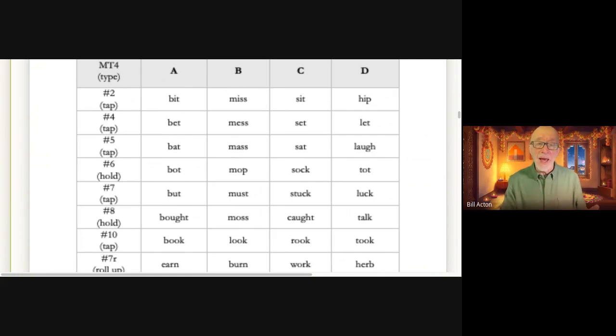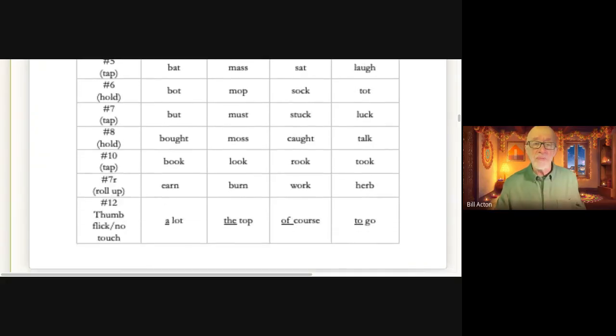In vowel 7, but. Vowel 8, bought, moss, caught, talk. Then we've got book, vowel 10. So book, look.